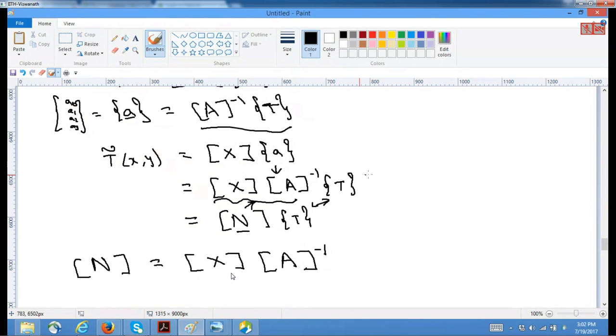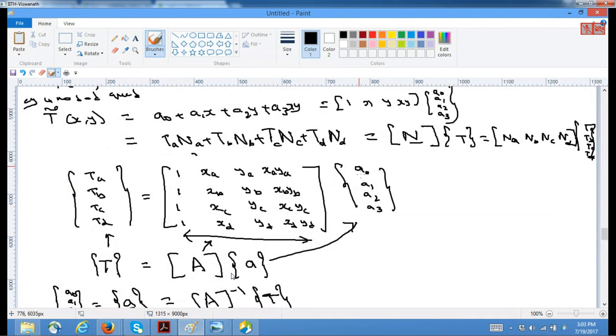So A is nothing but X defined at all the nodes. For example, X for us is 1, x, y, x into y. A is nothing but the same thing evaluated at all the nodes A, B, C, and D.